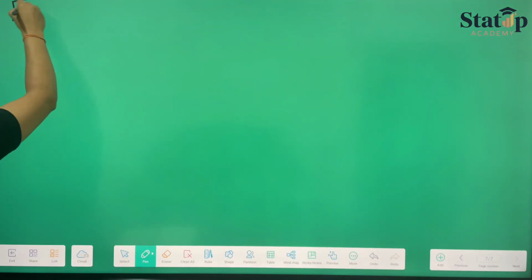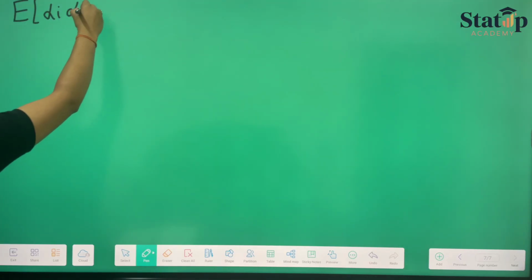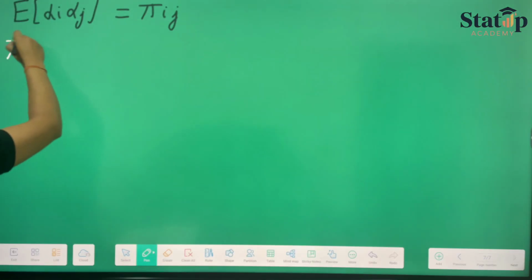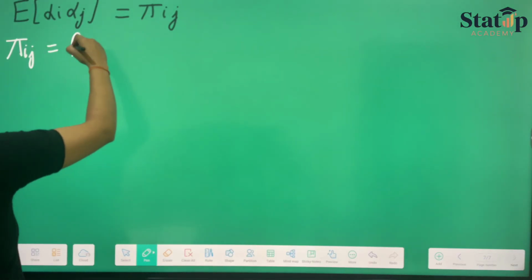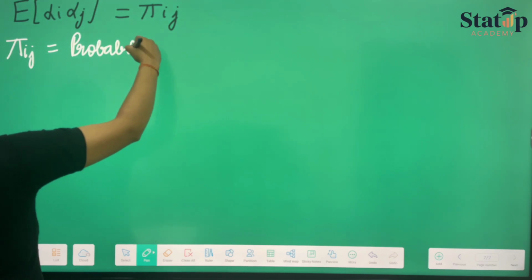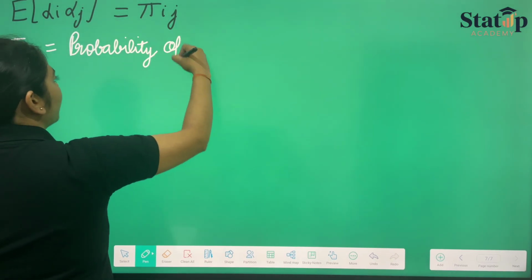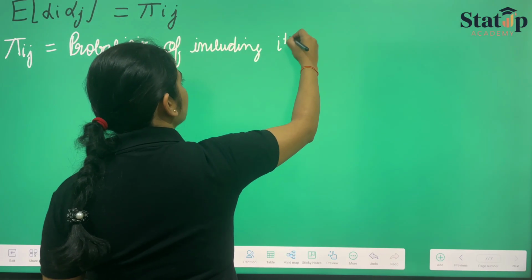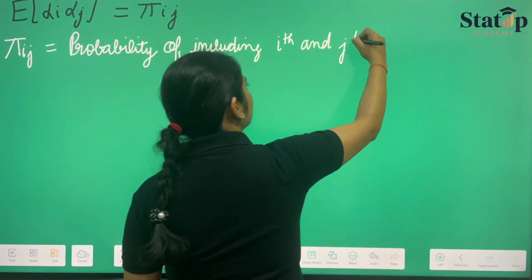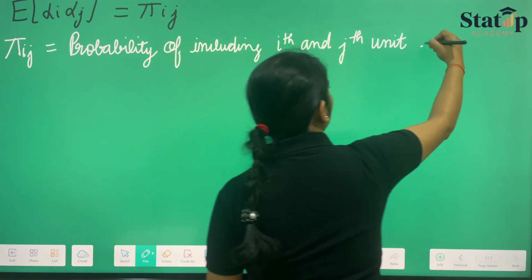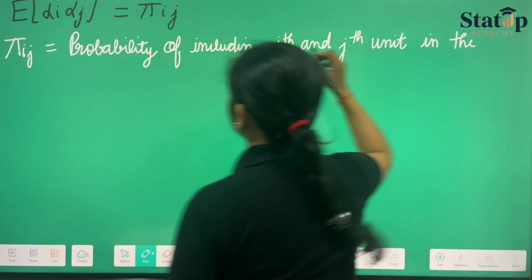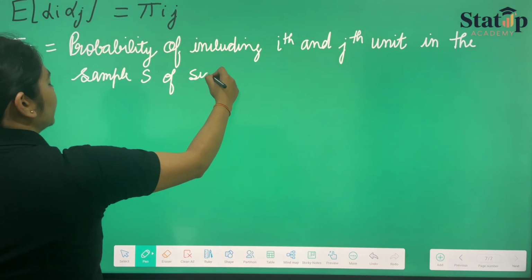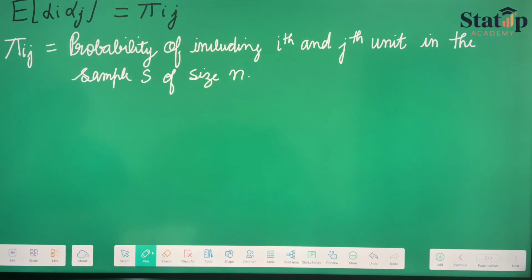And the expectation of alpha i alpha j will be nothing but pi ij, where pi ij can be denoted as the probability of including the ith and jth unit in the sample S of size small n. This is how pi ij is defined.